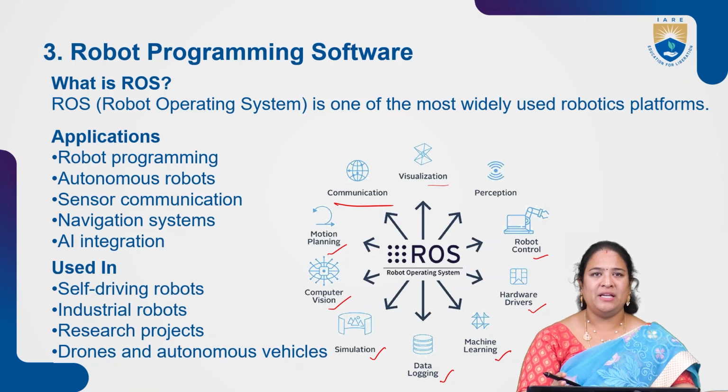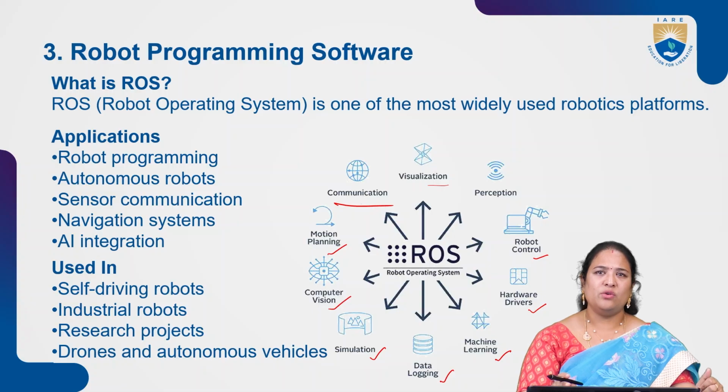The major applications of robot programming software are robot programming, autonomous robots, sensor communication, navigation of the system, and artificial intelligence integration.